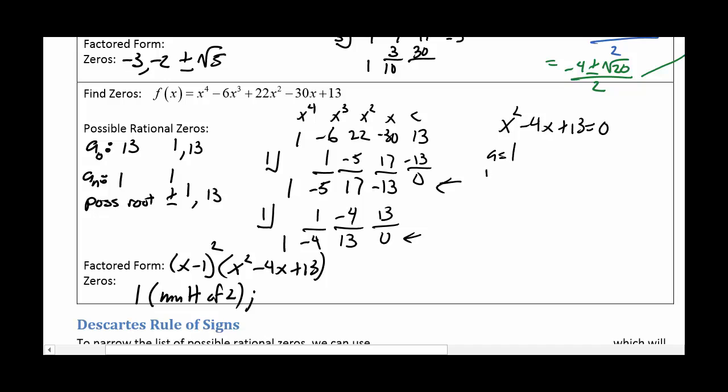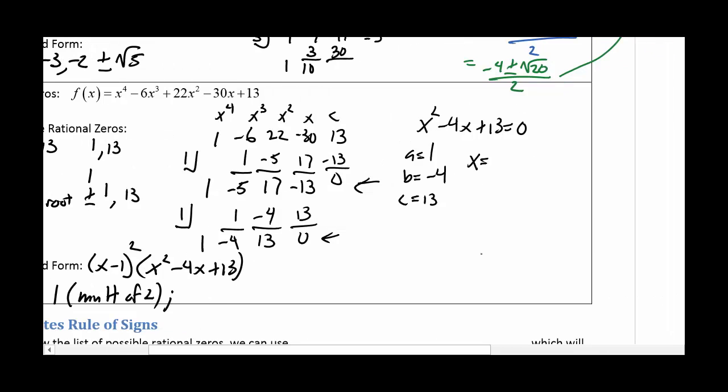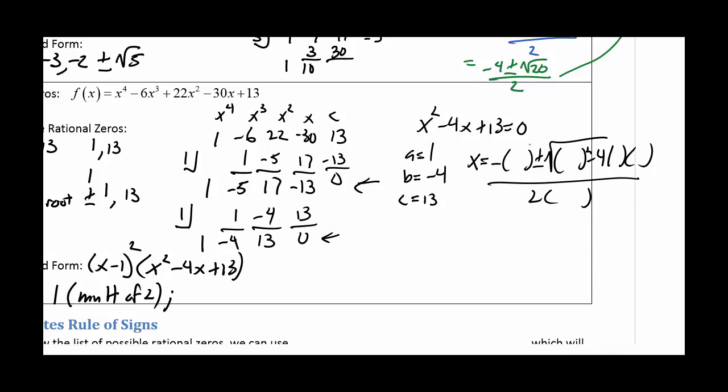Okay, so we get a equals 1, b equals negative 4, and c equals 13. So x equals negative b plus or minus the square root of b squared minus 4ac all over 2a. Okay, so let's fill in our numbers then. So that would be a negative negative 4, 1 and 13, and that's 2 times 1.